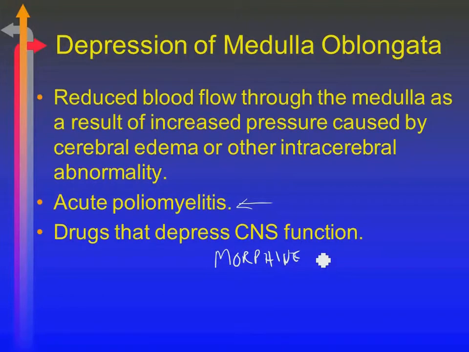The impulses don't work quite like they should as far as sending out to the diaphragm to breathe. So it's kind of an important part of your body that we don't think about a lot, but without it functioning properly, control of ventilation, control of blood pressure, control of heart rate is severely impaired.